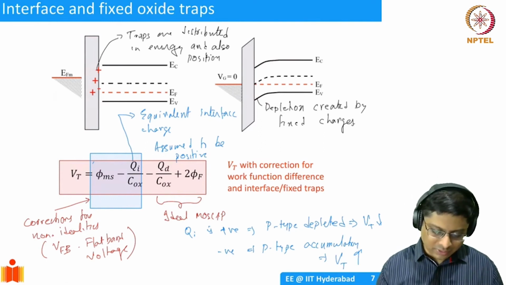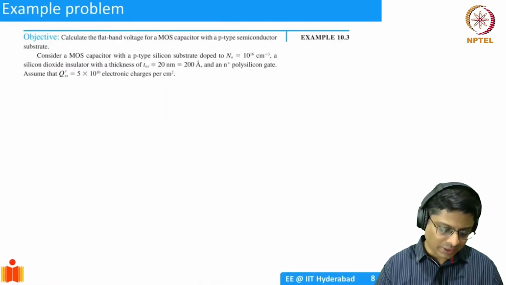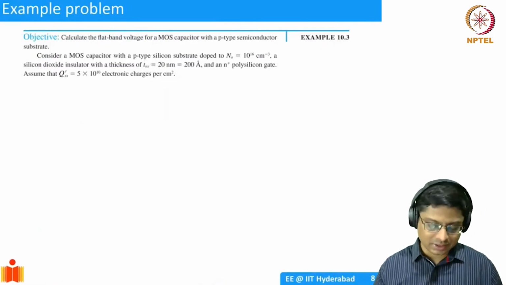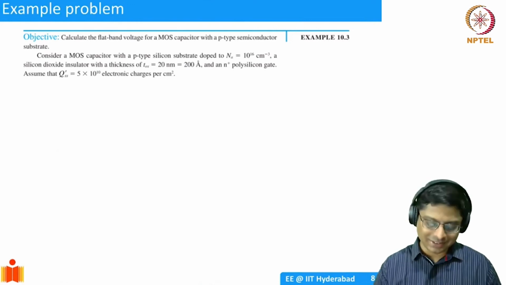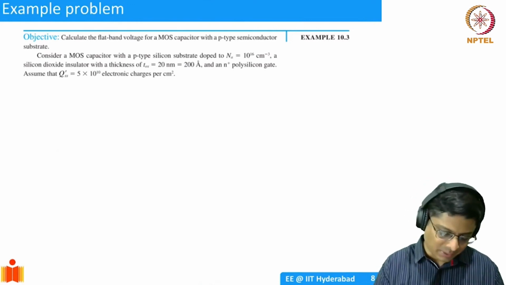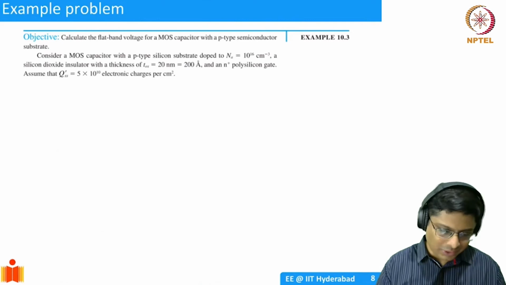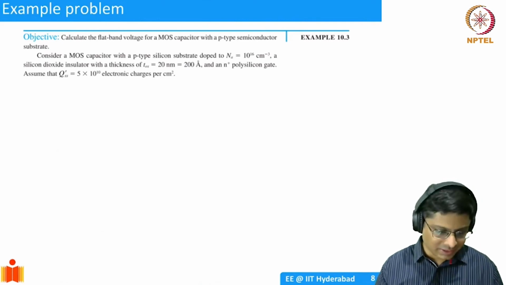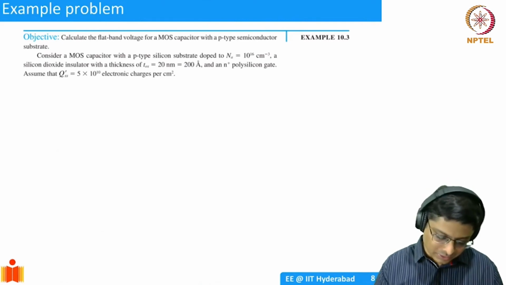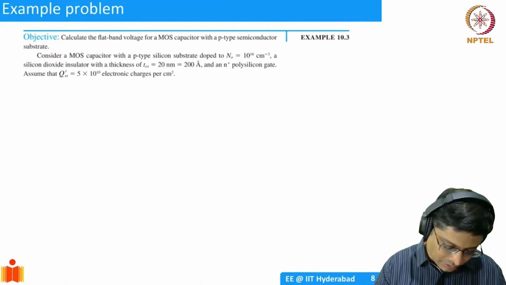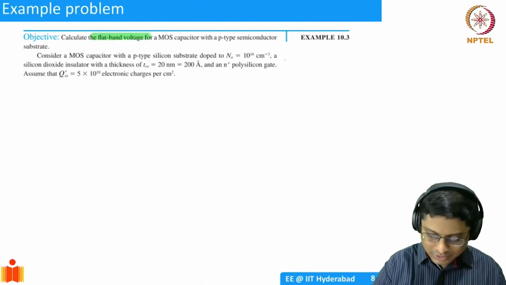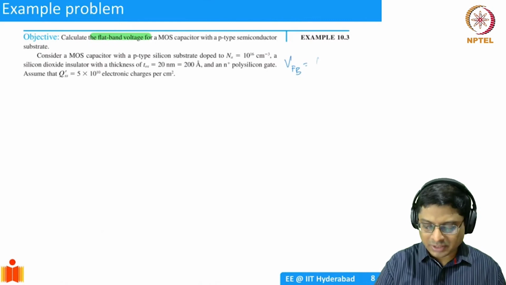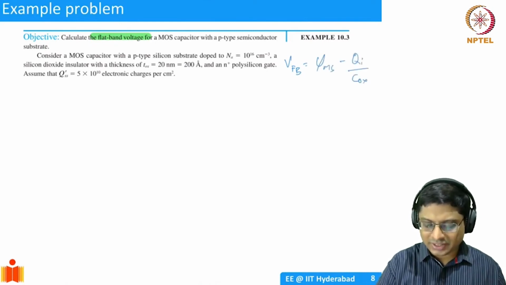Let's take one more problem wherein we want to find out the flat band voltage for a MOS capacitor which has a p-type substrate. I will not solve this problem in detail, I'll quickly tell you how to do this. You're asked to calculate the flat band voltage. Remember, flat band voltage VFB is simply phi ms minus QI by Cox, where QI is the equivalent charge.